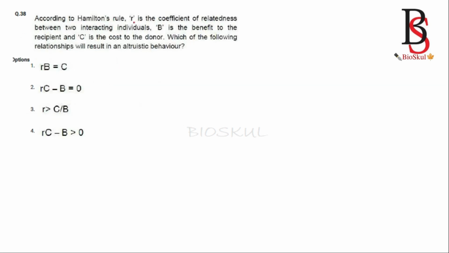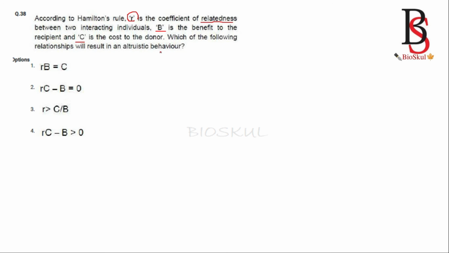According to Hamilton's rule, R is the coefficient of relatedness between two interacting individuals, B is the benefit to the recipient and C is the cost to the donor. Which of the following relationships will result in altruistic behavior?